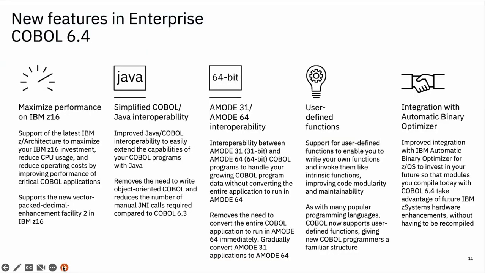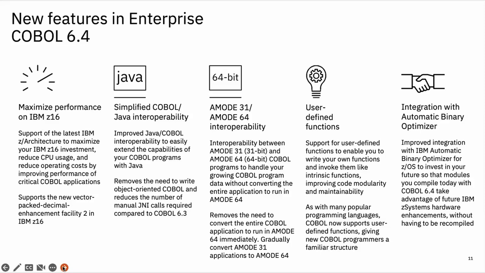So I wanted to go over the new direction that we're going with COBOL. For the past 5-6 years, because of the push to encourage customers to migrate to COBOL version 6, we basically focused on improving the migration side of the house.